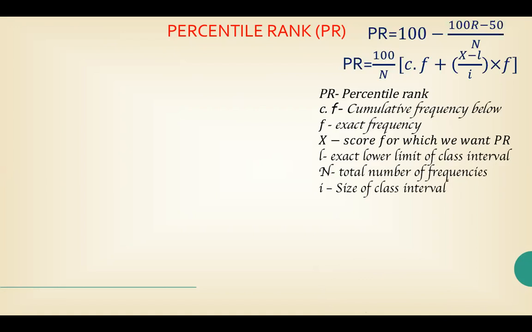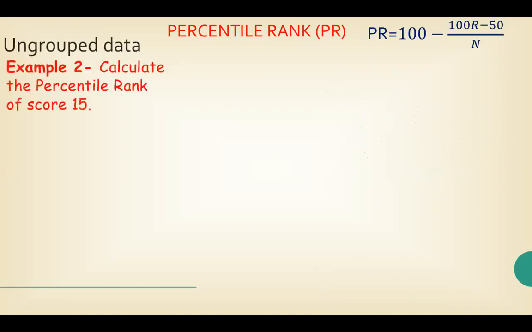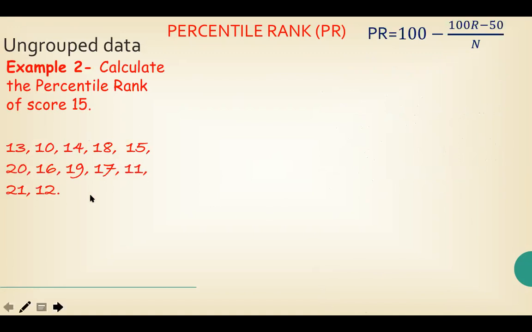Now let us calculate the percentile rank in ungrouped data first. As you might know what ungrouped data is, I will not discuss it here. Suppose we calculate the percentile rank of the score 15. This is the raw data, ungrouped data. For this purpose we have to arrange this data either in increasing or decreasing order, and the highest point in the data set we rank as number 1.